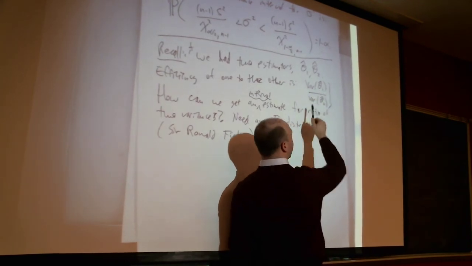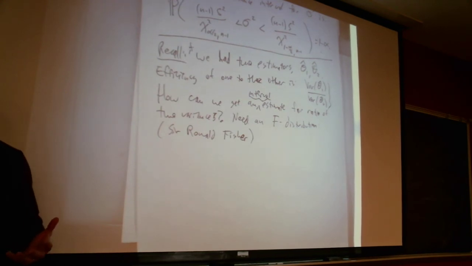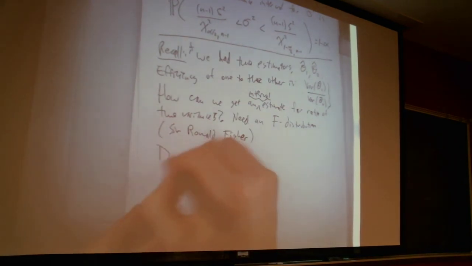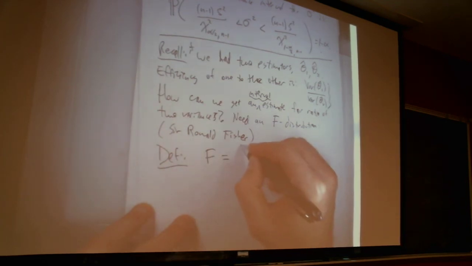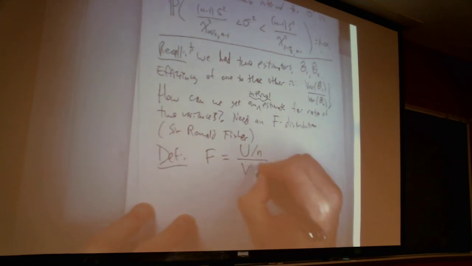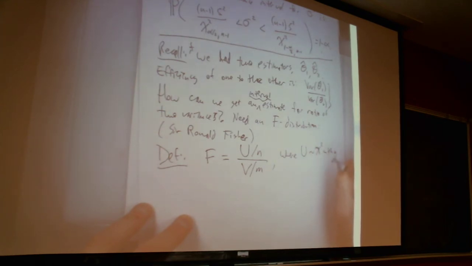Each of these is a chi-squared random variable with some number of degrees of freedom. So definition, an F distribution is, let's call it U, which has n degrees of freedom, and V, which has m degrees of freedom, where U is chi-squared with n degrees of freedom, and V has the distribution of chi-squared with m degrees.